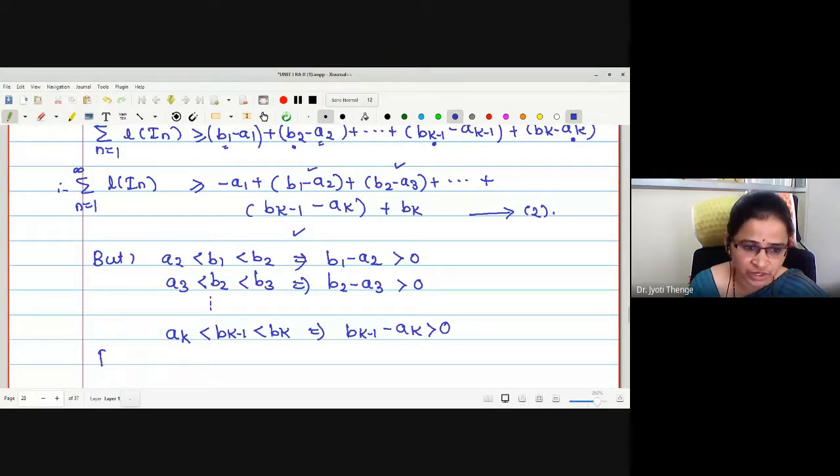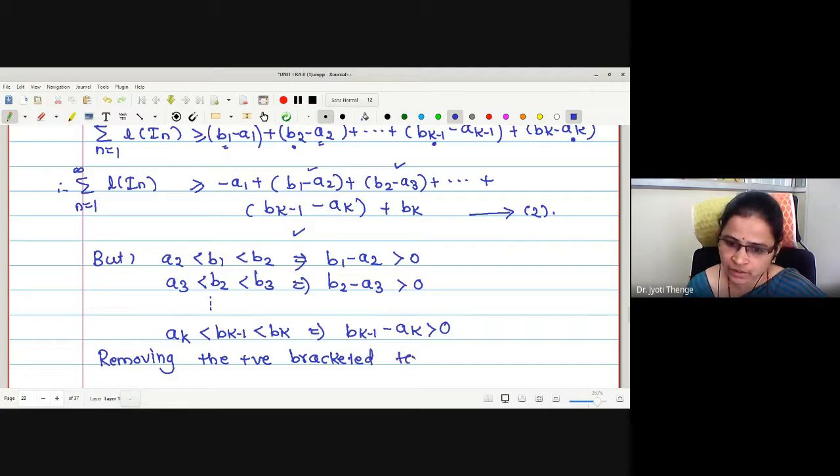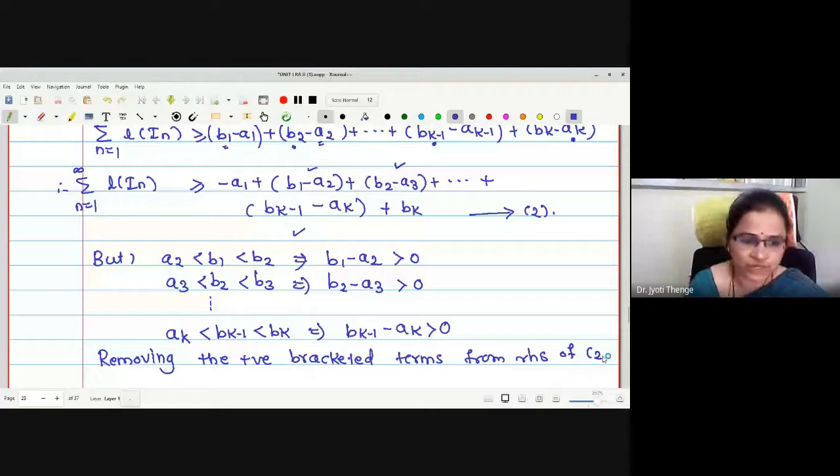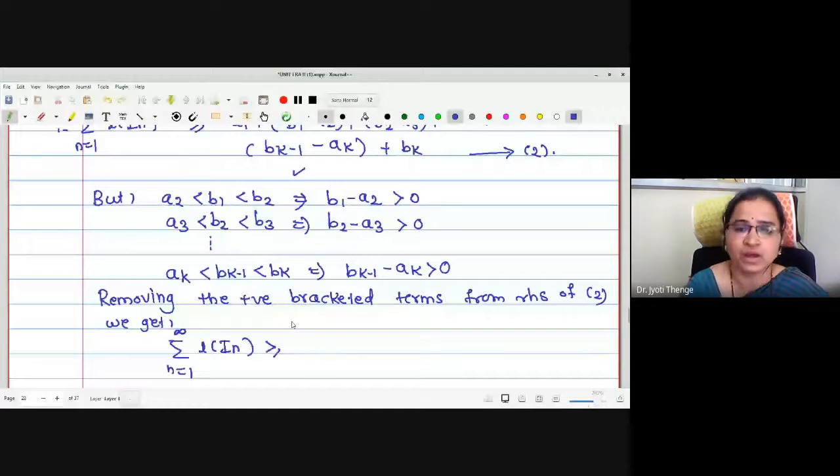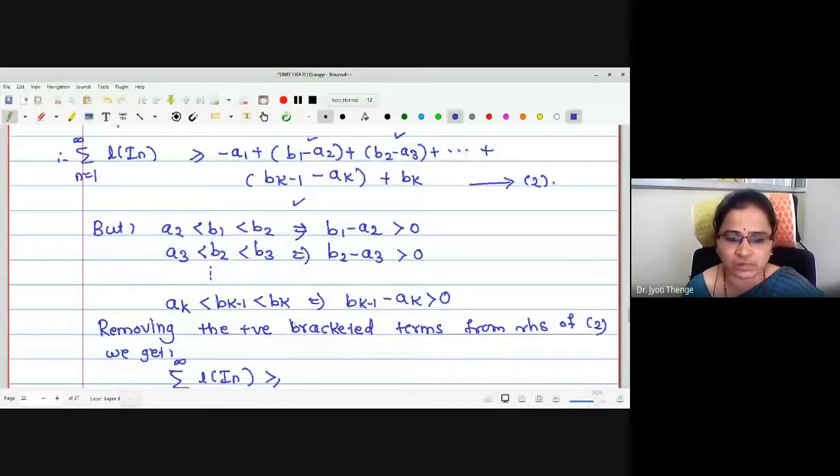Therefore, let me just write: removing the positive bracketed terms, for the sake of convenience, from the RHS of number 2, we get summation n equals 1 to infinity length of I_n is greater than or equal to... If I remove the bracketed terms, what remains with us?